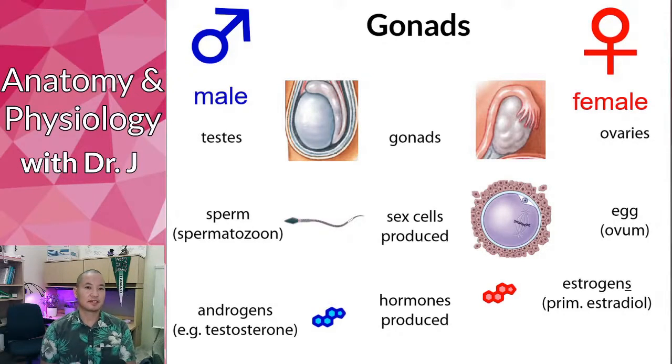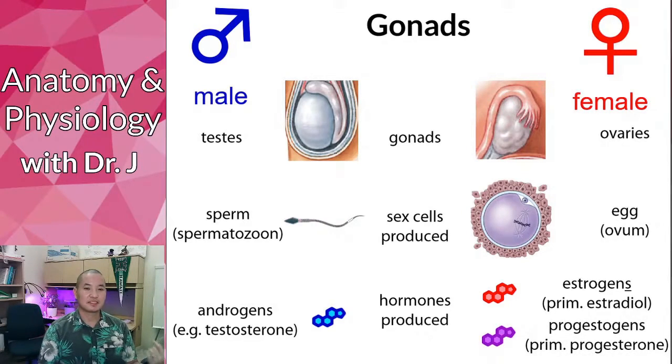Usually they're referring to estradiol, which is the most powerful and potent type of estrogen in the female reproductive system in humans. There are other types of estrogens and other compounds that have estrogenic activity, but estradiol is the main one.